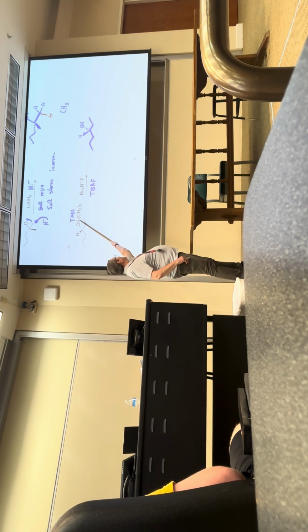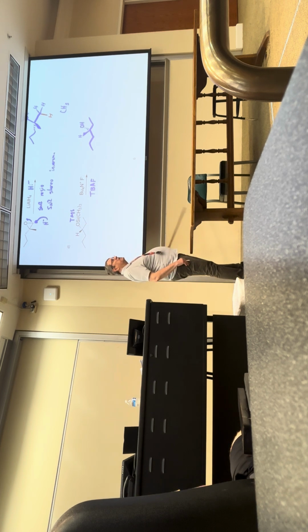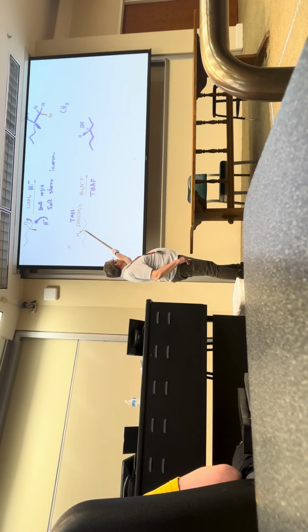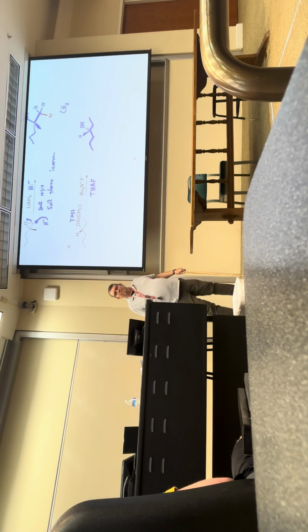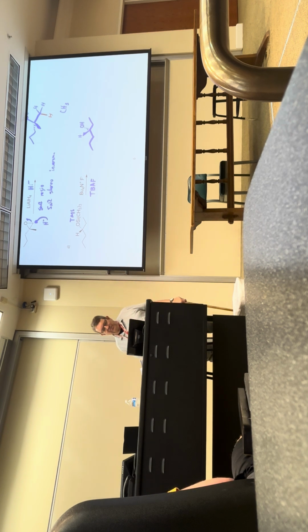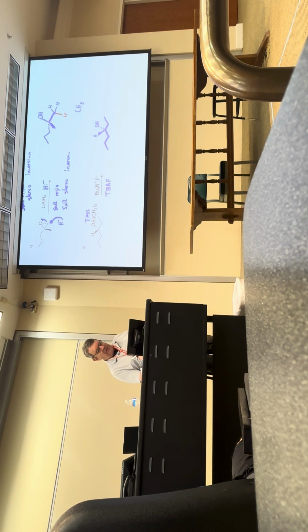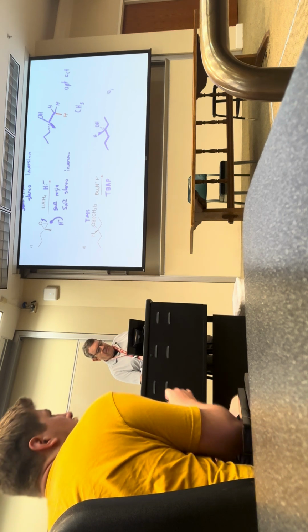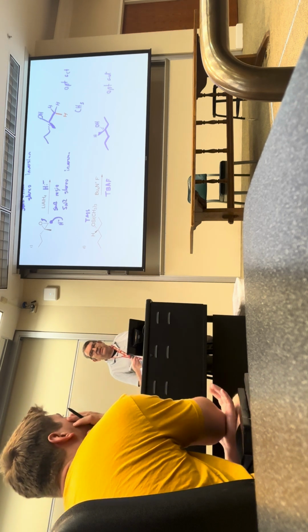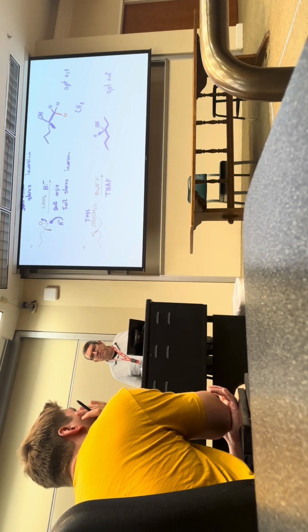Again, the reaction's occurring out here. The fluorine adds to the silicon, and then you break the silicon-oxygen bond. It does not react at the chirality center, so the chirality center is untouched. So the last two are both optically active for the same reason, which is that the reaction didn't touch the chirality center.